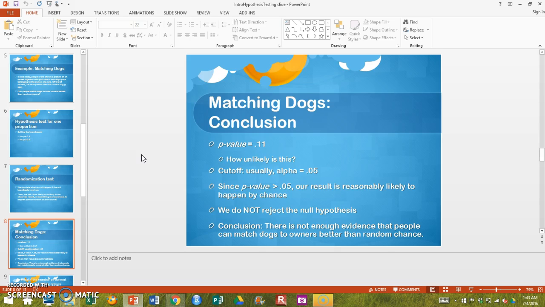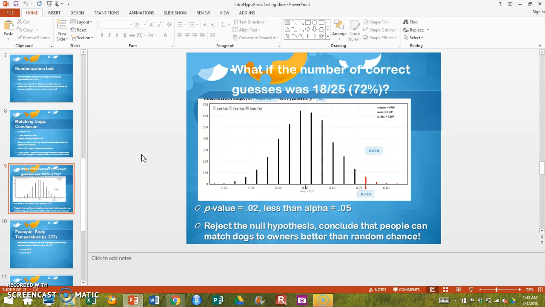So let's play with a hypothetical, though. What if, instead of getting 16 out of 25, as we did in our original sample, we actually got 18 out of 25? What if in our sample the proportion was 0.72, or 72%?